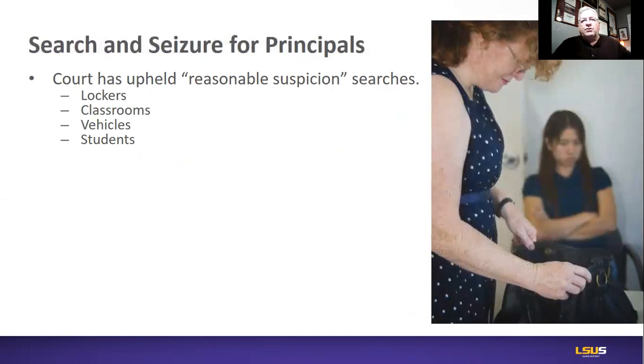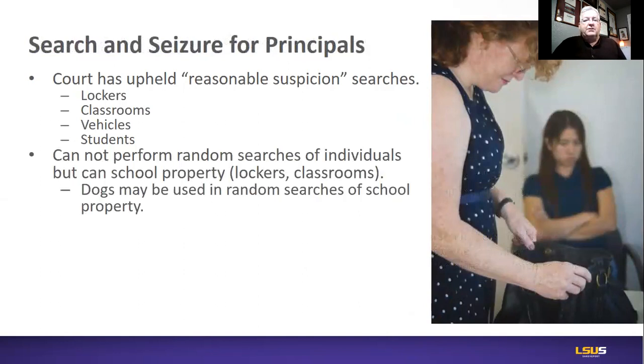Now, can you just go search anybody at any time? Well, the court says you can't. You can't perform random searches of individuals, but you can perform random searches of school property, and it's been done a lot. So what's school property?